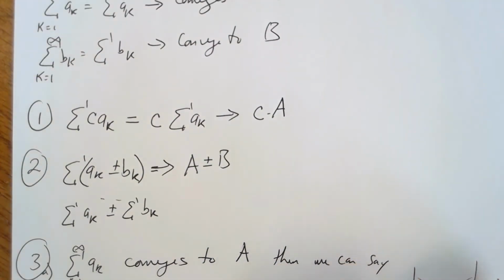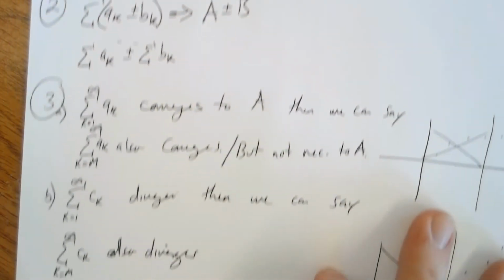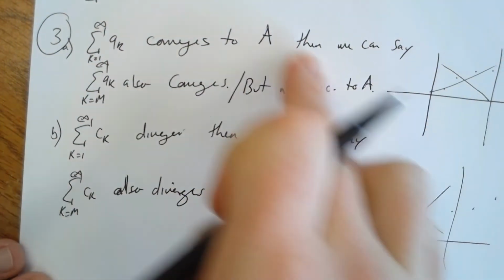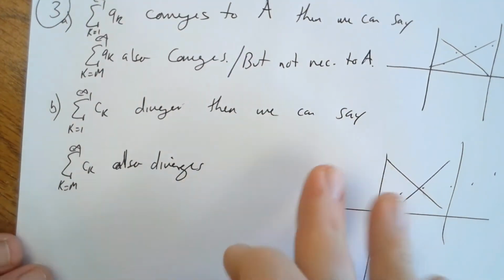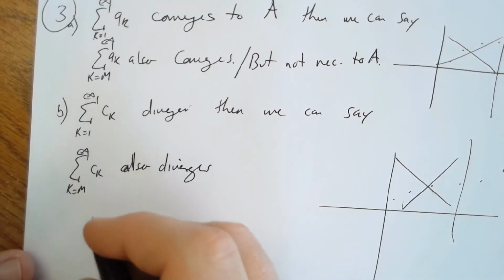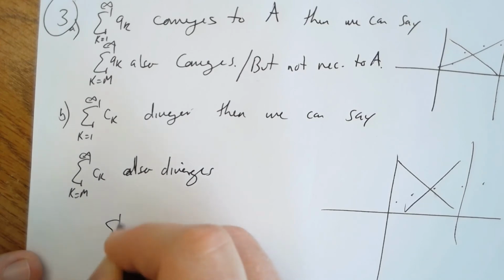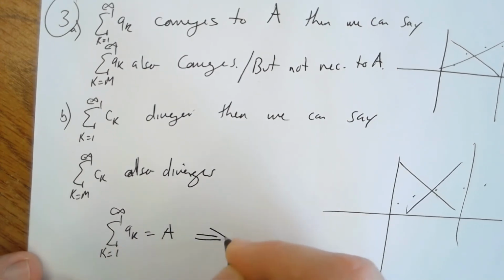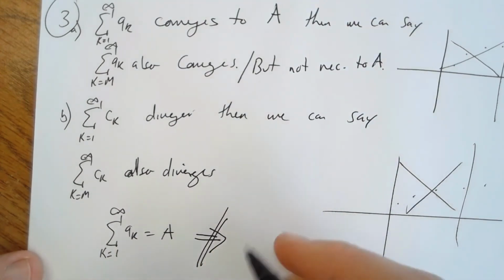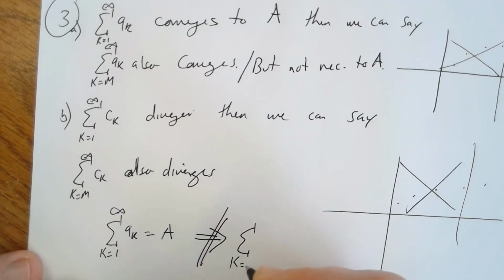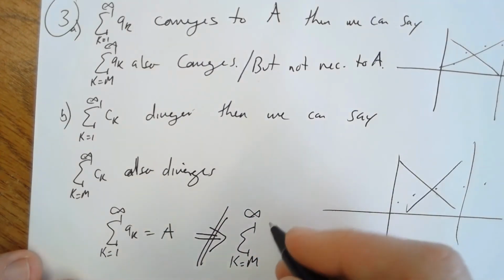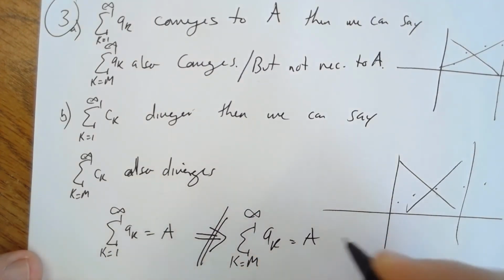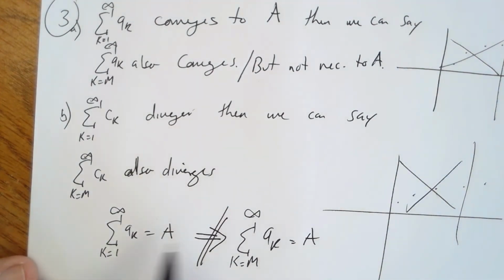Again, assuming that I know a series converges, then these properties are also true. One other statement I want to write down, which I stated verbally, is that the series of k equals 1 to infinity of a sub k equals A does not in any way imply that the series of k equals m to infinity of a sub k equals A as well.